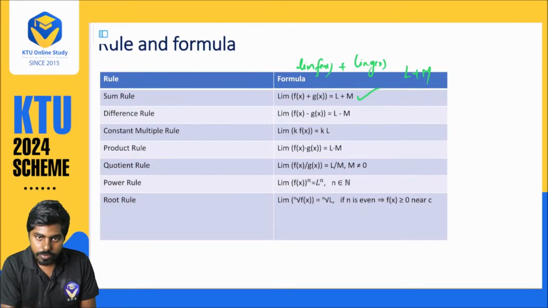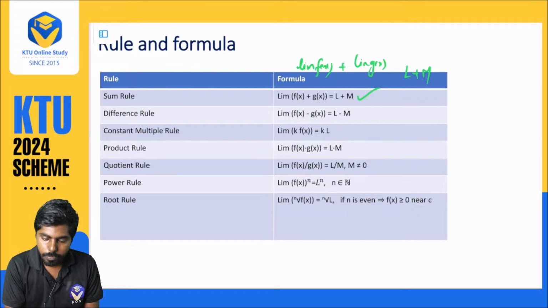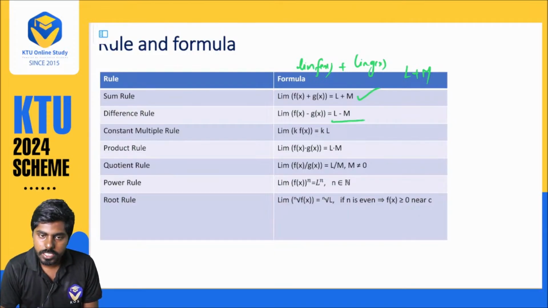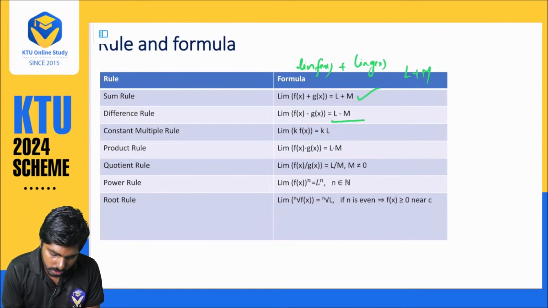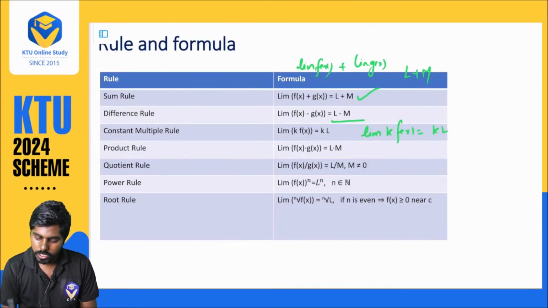The difference rule means subtraction, that is L minus m. The constant multiple rule means we multiply by some constant, it can be 2 or 3 or any value: limit of k times f of x is equal to kL.